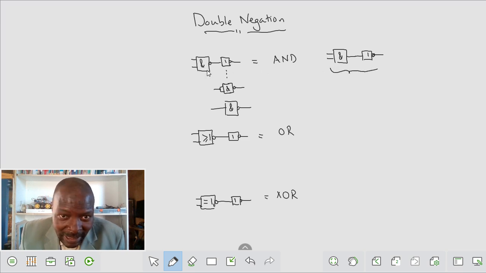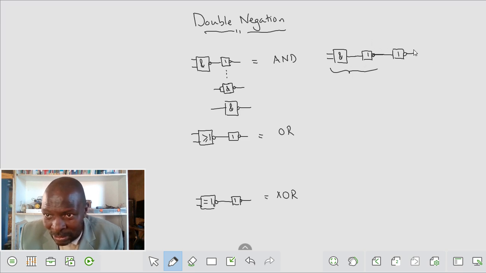Now a little more space, I want to write in between. If I invert twice, this is double negation now. If we invert the NAND, which is the equivalent of this, we go back to AND. This is going back to the AND gate.